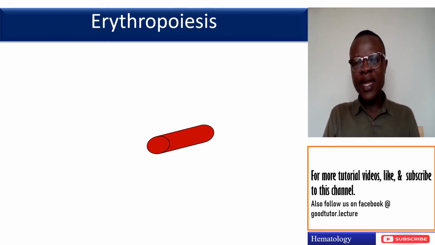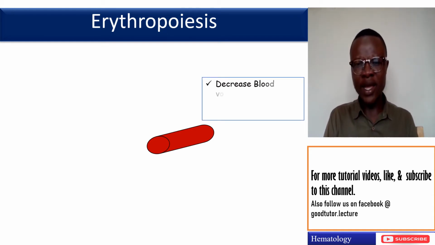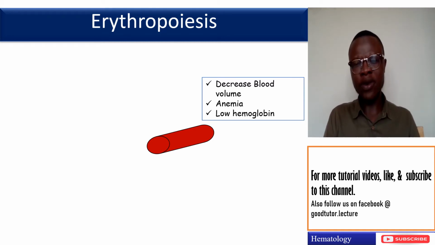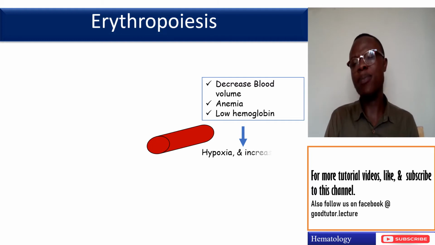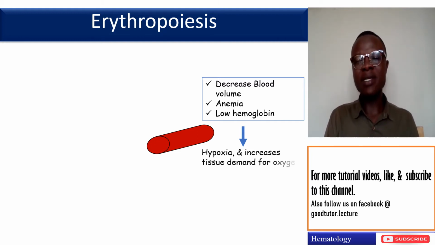So, in an instance where you have a decrease in the blood volume, or a decrease in the red blood cell concentration leading to anemia, or you have low hemoglobin level, this will in turn lead to hypoxia. That is the decrease in the partial pressure of oxygen in the blood, thereby increasing the tissue's demand for oxygen.